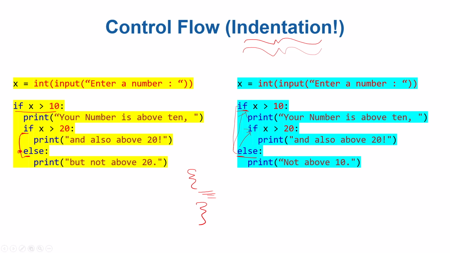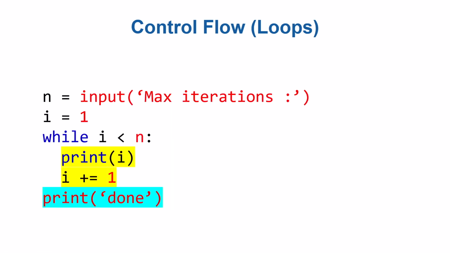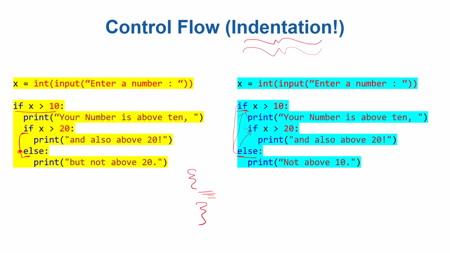Okay, I end this control flow indentation here. So from the next video, we are jumping toward loops. But before loops, I just want to write a lengthy program in if, else if, and their combinations.